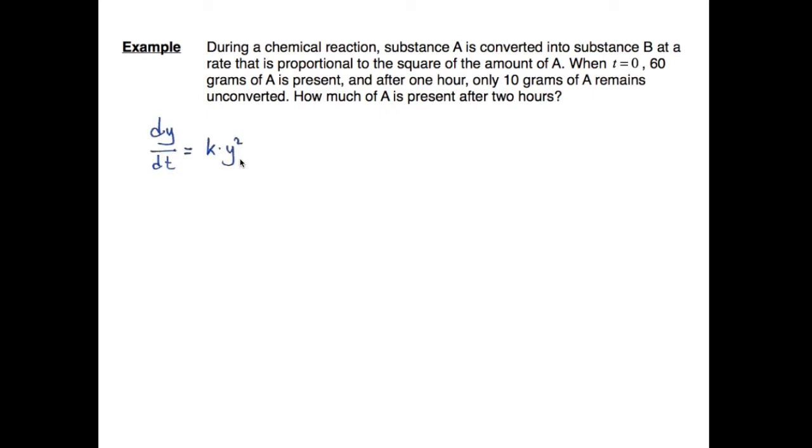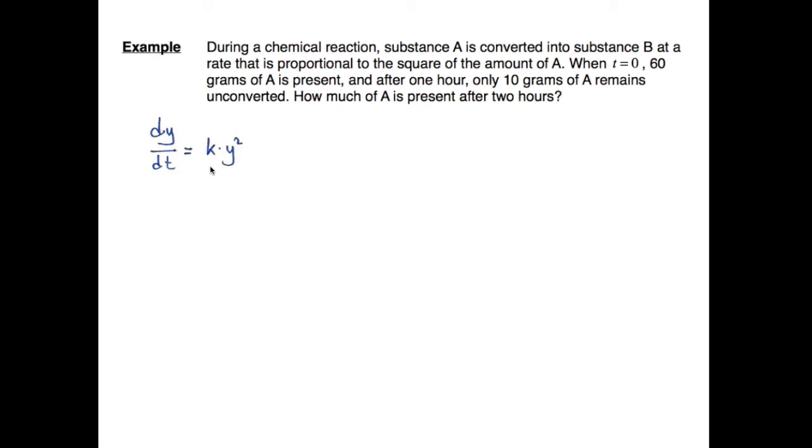Now that means at the beginning this rate is going to be very large, because it's proportional to the square of A, which is 60, a large number. Later on, when A is only 10 grams, the rate is going to be much smaller.